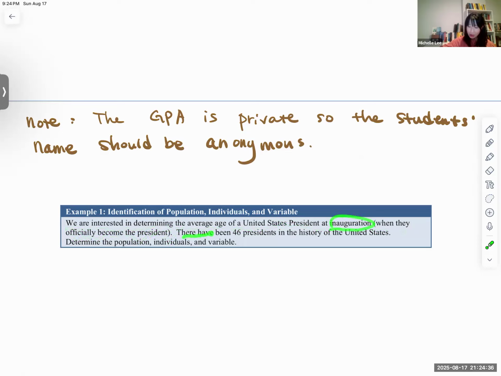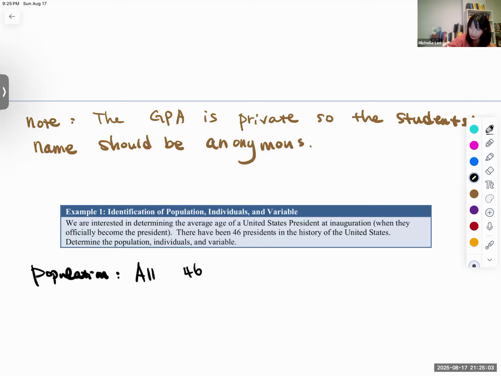Inauguration means there have been 46 presidents in the history of the US. Determine population, individual, and variable, right? So let me write down population. So population, in that case, is all, this is the 46 presidents, right? In US, yeah?